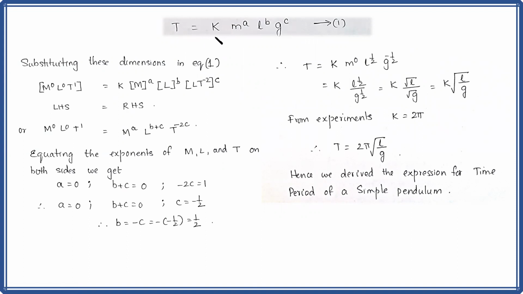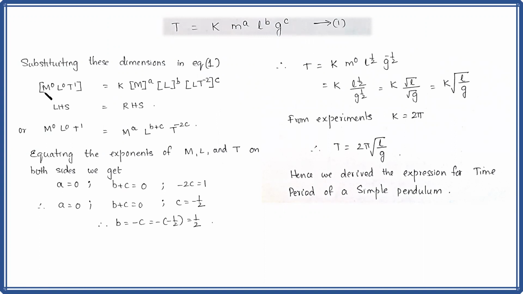Time period T is equal to constant k into m to the power of a, l to the power of b, g to the power of c. Okay, so now taking that equation, let us substitute the dimensions in equation 1.